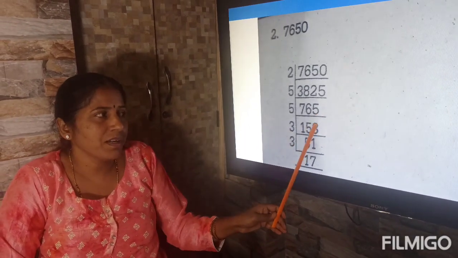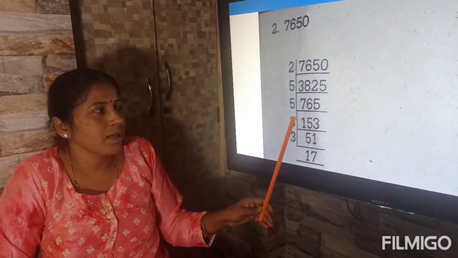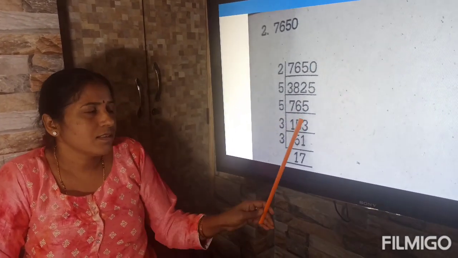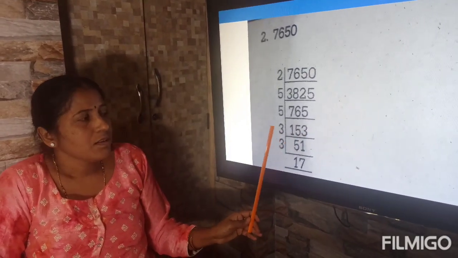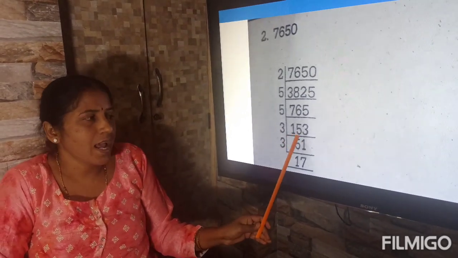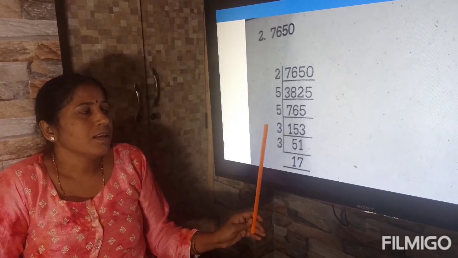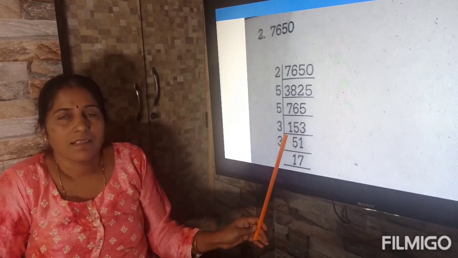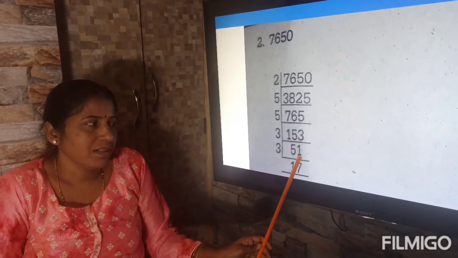It's not going by 5. If 5 or 0 is in the unit place, I have to try by 5. It is not going by 5, so I have to try by 3. First digit 1, we can't divide a single digit. Then add the next digit, it is 15. 3 5s are 15, and 3 1s are 3. We got 51.